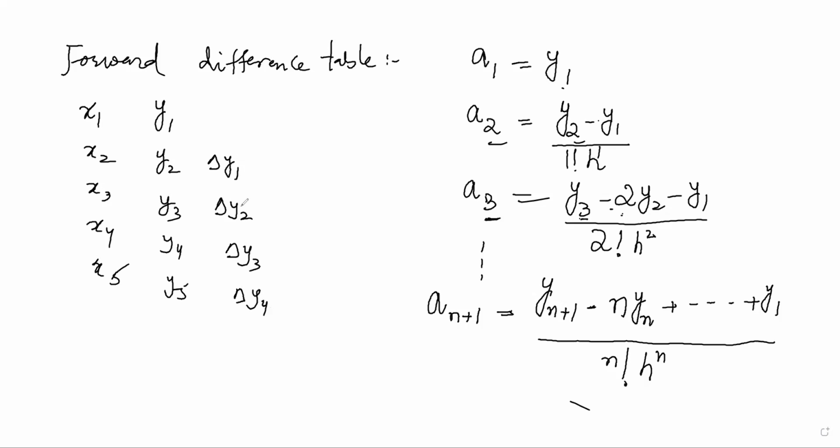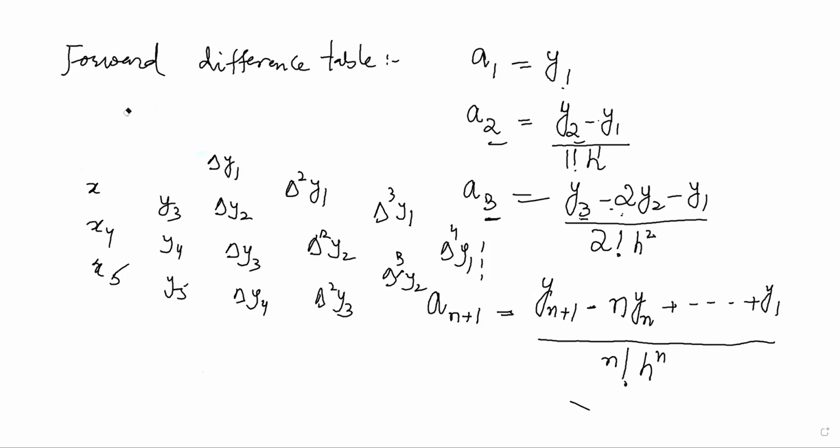Then we take the second difference, delta y2 minus delta y1, we write this as delta 2 y1. Then this is delta 2 y2, this is delta 2 y3. Then we again take the difference between them, then we write delta 3 y1, delta 3 y2. Then we take the difference, it will be delta 4 y1. This is how the forward difference table actually works. So we want to make use of this forward difference table. How can we make use of this forward difference table?